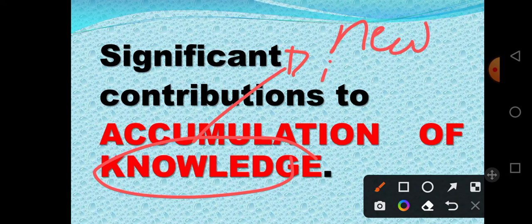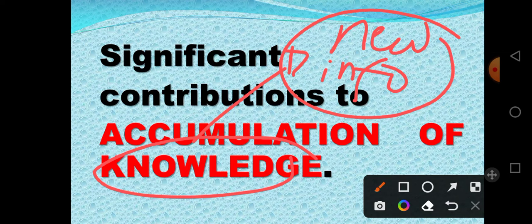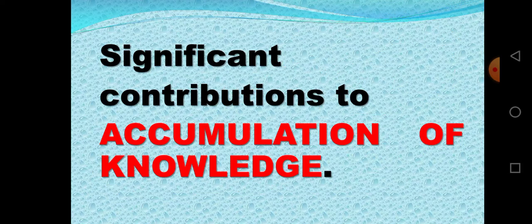So you must indicate the sources of new information paramount to your findings. Indicate what is new in your study. Indicate what is new in your findings. So that will be the second guideline.